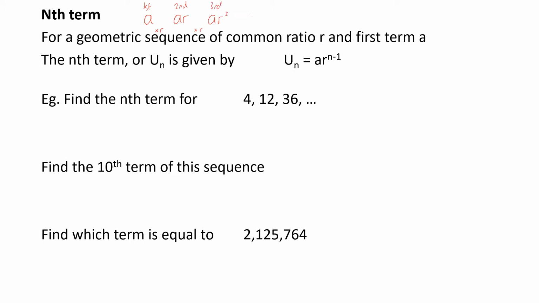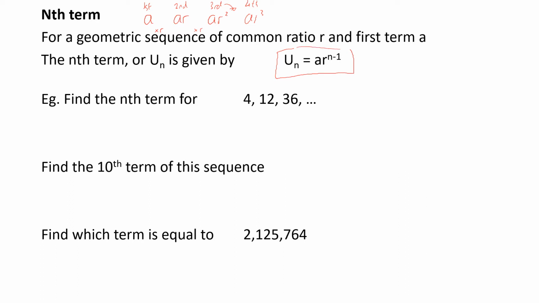And our fourth term will be AR cubed, and so on. And the idea is that whatever number in the sequence you're at, take away 1 from that, and you get the power that's actually in the question. So we have come up with this general formula for our nth term of A times R to the n minus 1 because of that.